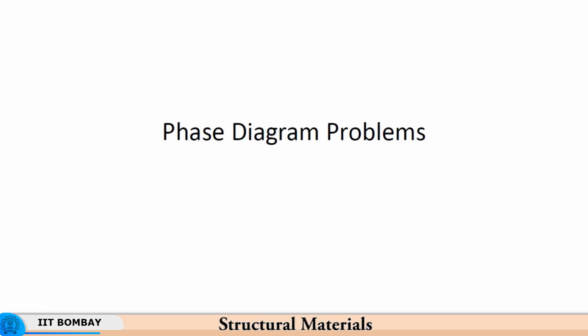So, phase diagrams are useful tools for practical application, particularly while designing a process from a metallurgical standpoint. When we decide to work a material at a certain temperature, we must make sure that the single phase is present in the material.